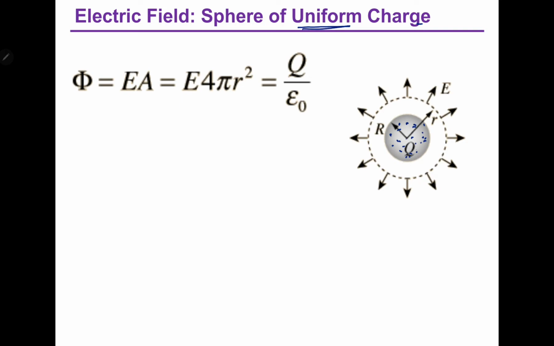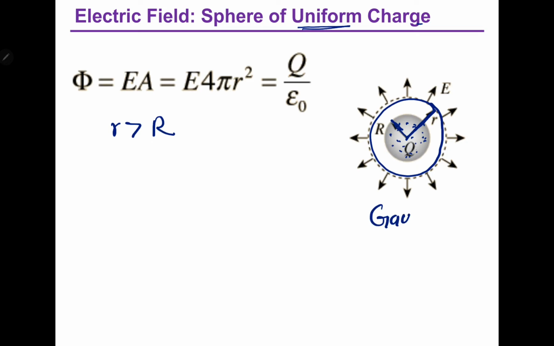Okay, so there will be two cases. Number one, if r is greater than R, this R, the radius of this Gaussian surface is greater than the radius of this sphere, the condition will be exactly the same as the conducting sphere because the whole charge is enclosed by this Gaussian surface, right?